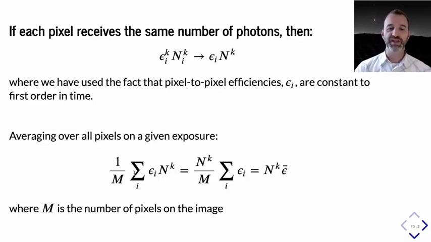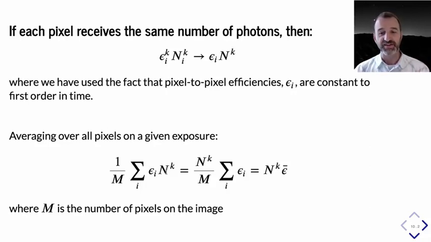So now what we can do is take an average. We've got every pixel in the array, and at the top of the telescope we're projecting the same number of photons down. Each one has a different efficiency though, so we may get different values recorded on each one of those pixels. But we can take an average. We can say the average product of the efficiency with the number of photons that were incident at the top of the telescope.